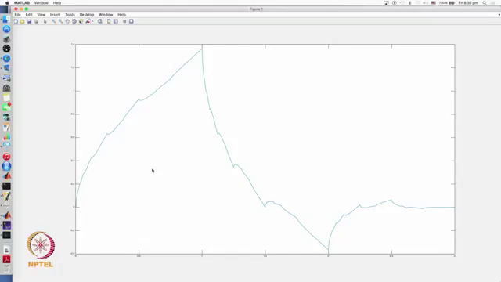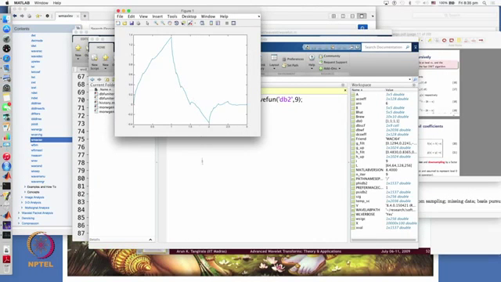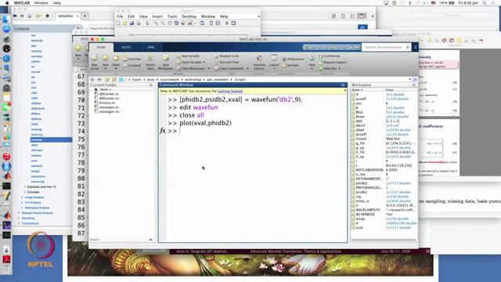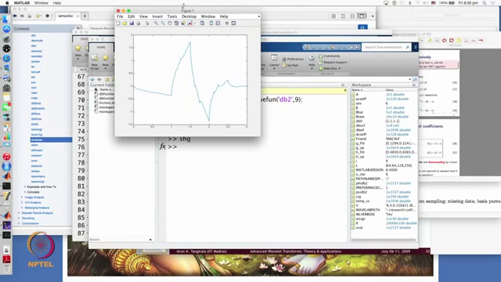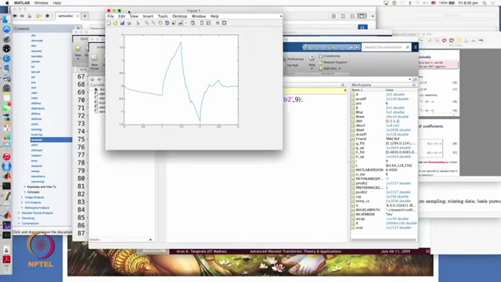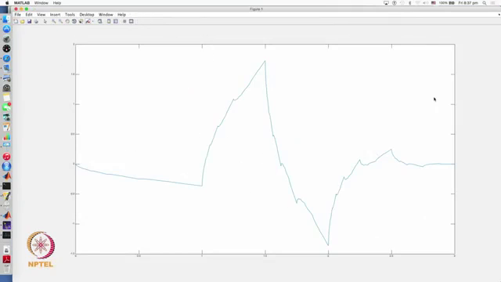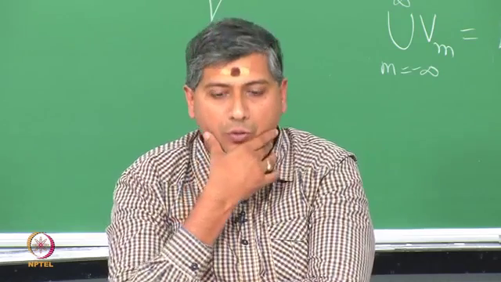As you can see, it is over 0 to 3 because that is the effective support, and the result of course looks identical, at least in shape, to what we had with the previous algorithm. And if I look at the wavelet, this is how you iteratively generate your scaling functions and wavelets starting from filters.